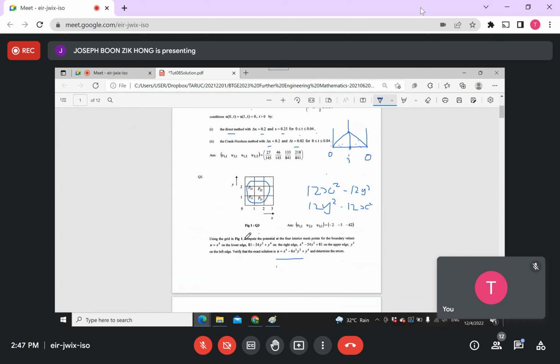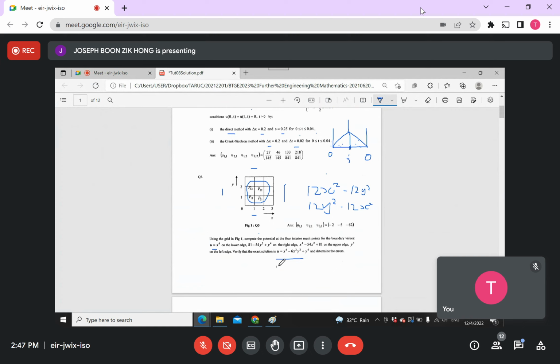Given that u equal to x power 4 here, and then this one is 81 minus 54 y squared plus y power 4 on the right edge, and then this one will be x power 4 minus 54 x squared plus 81, and then this one is x power 4, and then ask us to verify that the exact solution is this one.